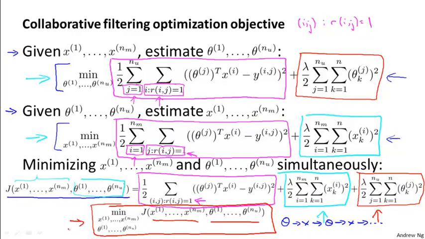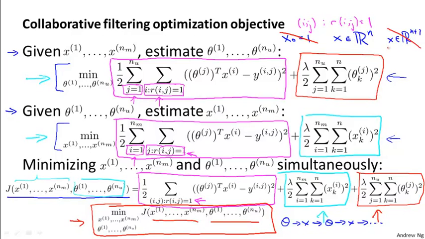Finally, one last detail is that when we're learning the features this way, previously we have been using this convention that we have a feature x0 equals 1 that corresponds to an intercept term. When we're using this sort of formalism where we're actually learning the features, we're going to do away with this convention, and so the features we're going to learn, x, will be in Rn, whereas previously we had features x in Rn plus 1, including the intercept term.